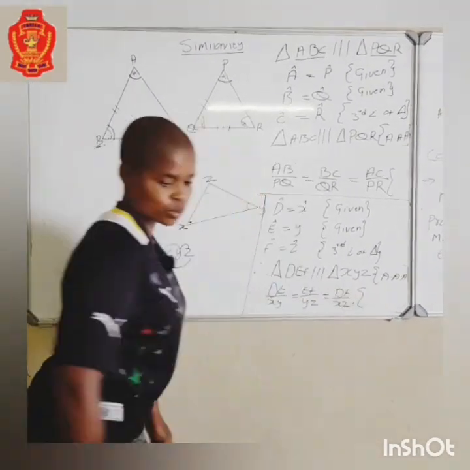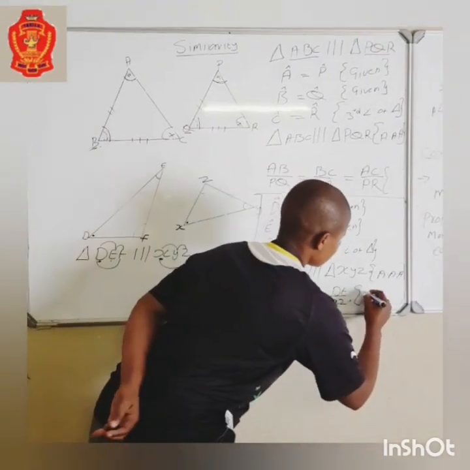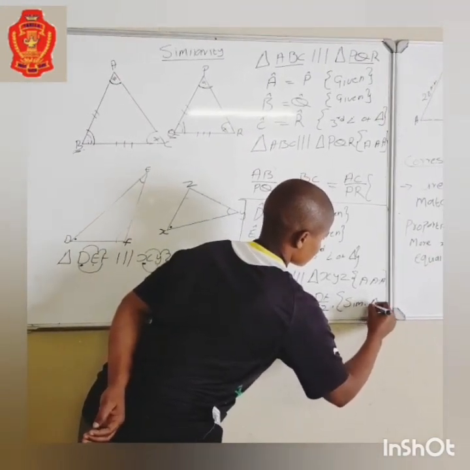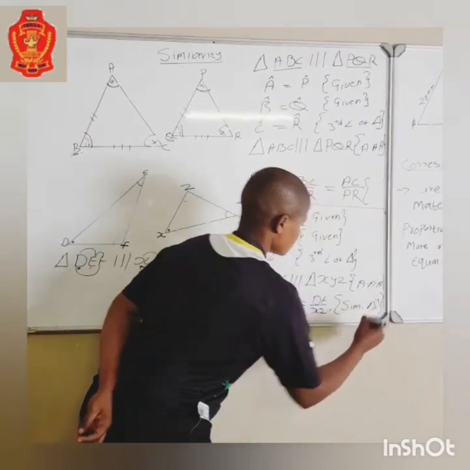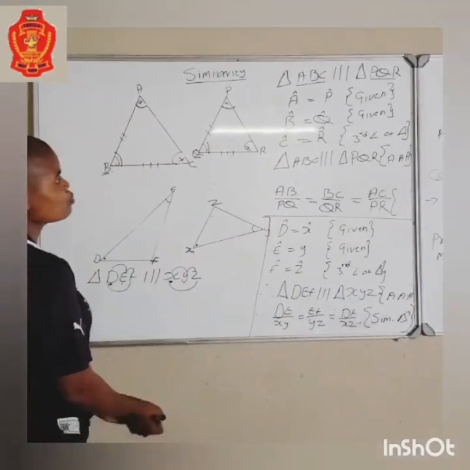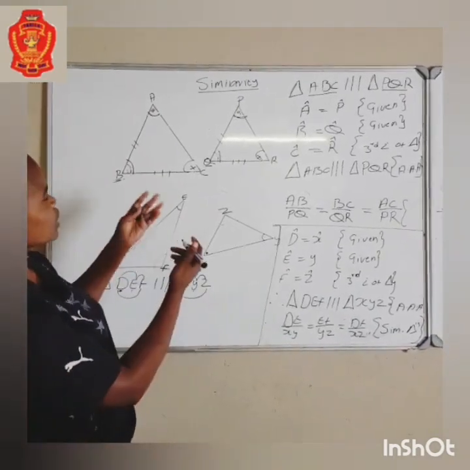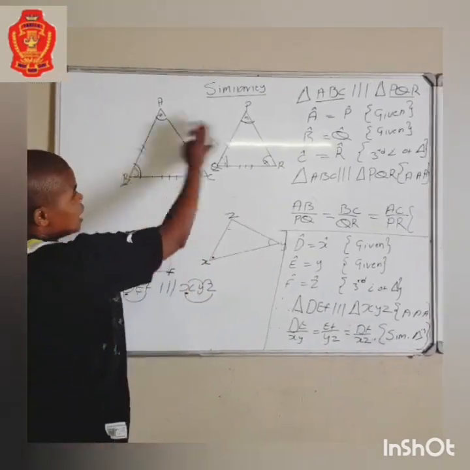And then I'm going to write my result. I will say similar triangles. So basically, this is how you prove similarity when you are dealing with the case of angles.